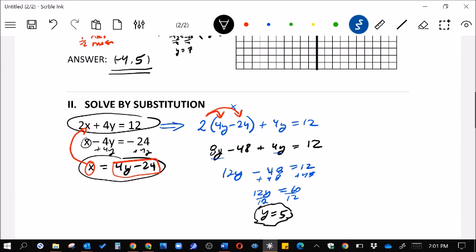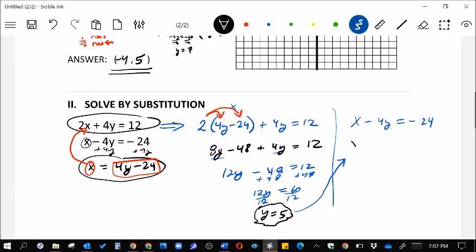So take either one of the original equations. It can be the first one or the second. I think the second one is actually going to be easier to work with, although it doesn't really matter. So the second equation was x minus 4y equals negative 24. And I'm going to put that y equals 5 in there.